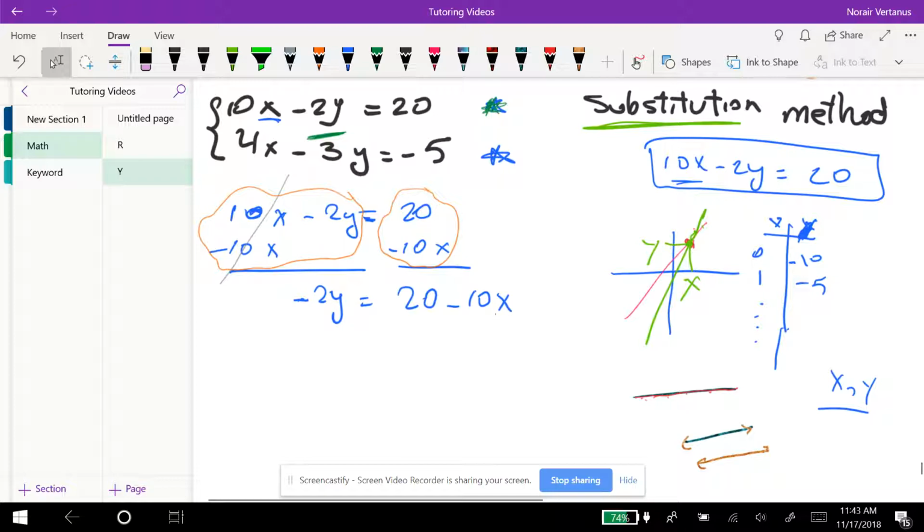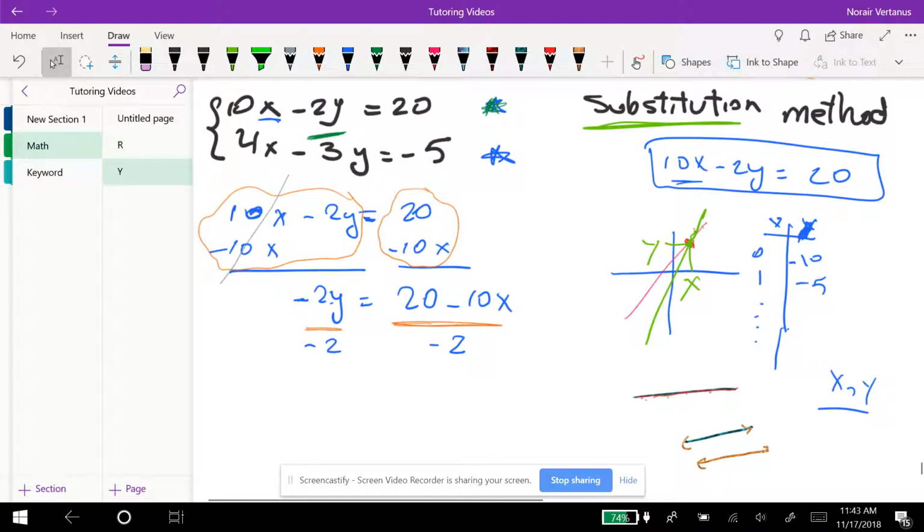Now, I'm going to divide by negative 2. I need to get rid of this negative 2. The operation between negative 2 and y is multiplication, so I need to divide by negative 2 to have just y left. That's the division line. Divide by negative 2. See?